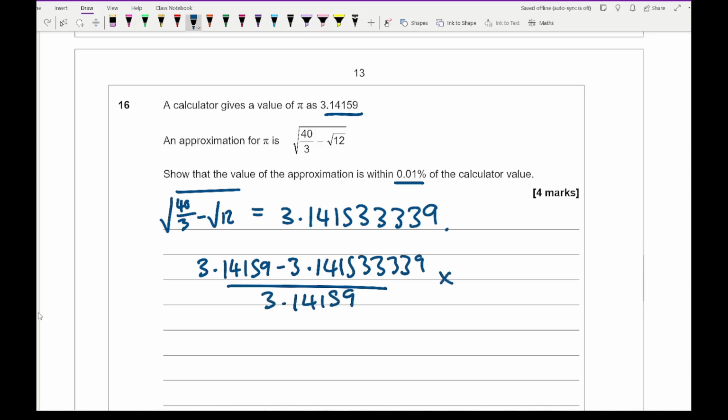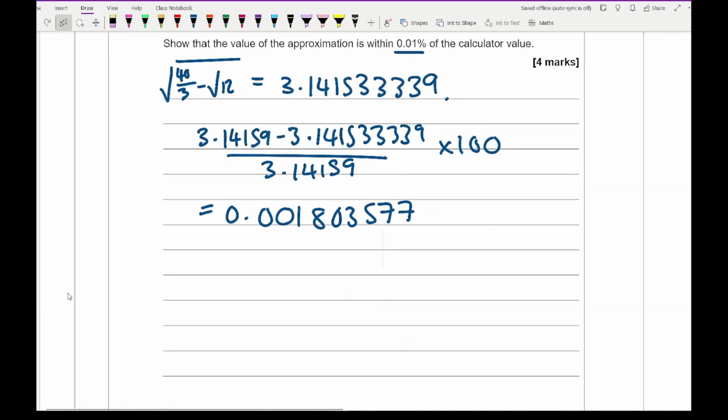And if I multiply that by 100, I get a value of 0.0018035777. And from that, in terms of comparing it as a percentage, we can then see that 0.0018 is less than 0.01.